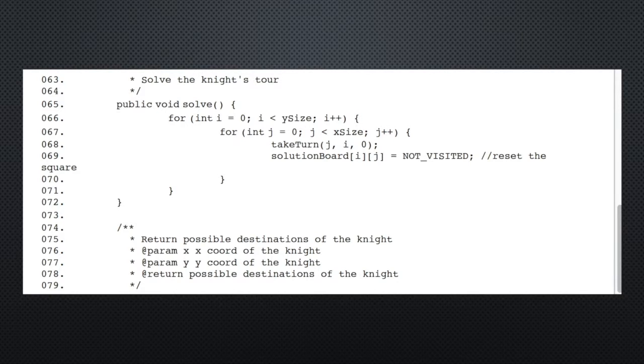This will pass in three input parameters, one being the x coordinate, the y coordinate, and 0, which will be the number of turns it has taken. We will then set the x and y coordinate, which is the exact square in the board, to not visited. This is to reset the square each time you solved it.